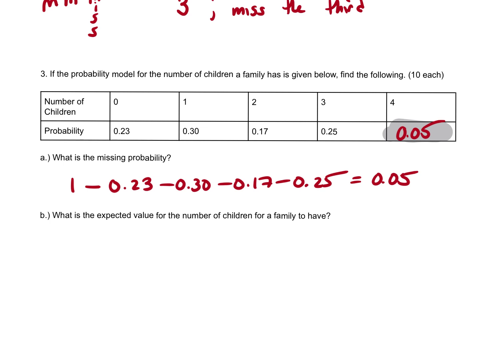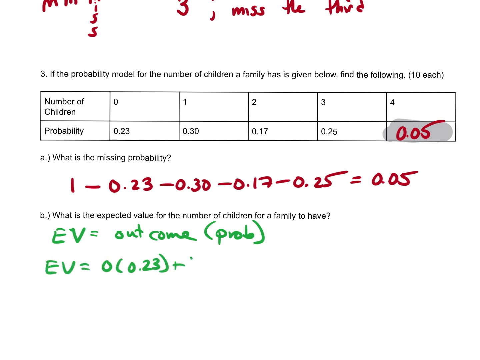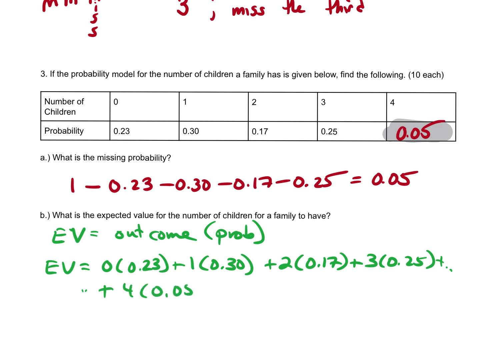So the expected value, if you recall, is we would take the outcomes times the probability for each one and add them up. So the expected value for this problem is 0 times 0.23 plus 1 times 0.3 plus 2 times 0.17 plus 3 times 0.25 plus 4 times 0.05.